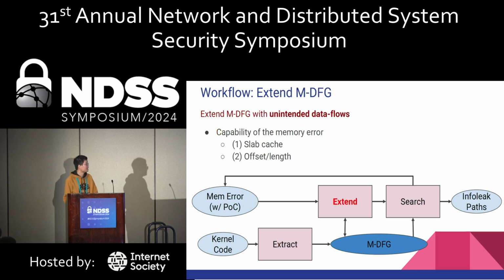And then we extend MDFG with unintended data flows. And we need to model the memory error as a capability. We model the memory error using the slab cache where it is located and the offset and length of the error. With such a capability, we can fit it into the workflow and then modify the MDFG.